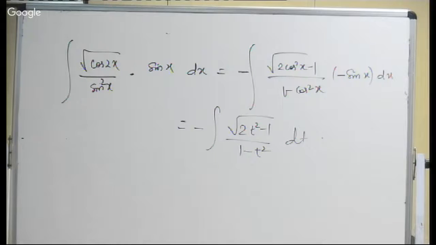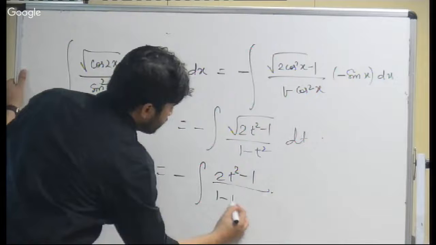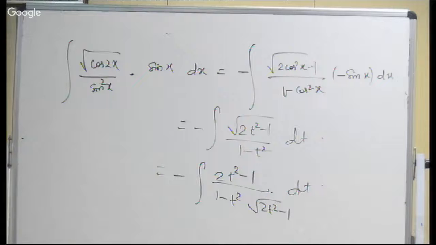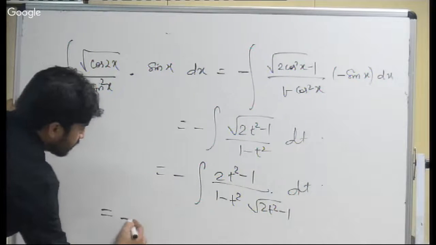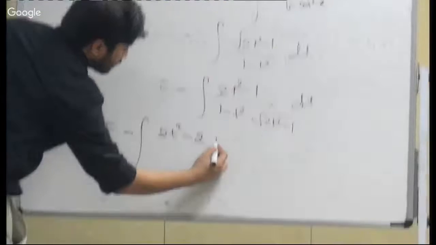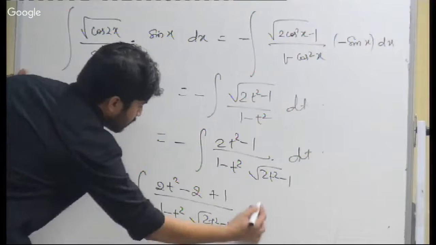It will be 2t square minus 1 upon 1 minus t square and under root 2t square minus 1 dt. So now I can put the numerator as a quadratic in terms of the quadratic. So I can make this as minus (2t square minus 2 plus 1) upon 1 minus t square under root 2t square minus 1 dt.